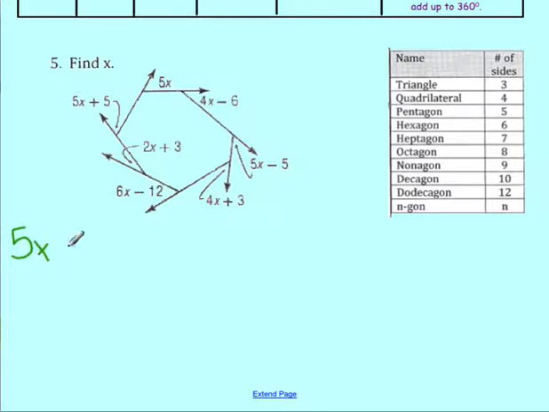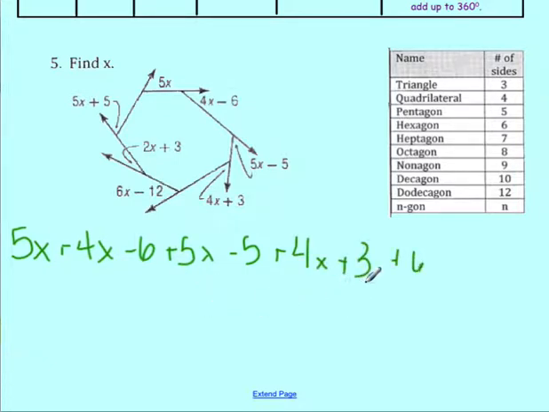We have 5x plus 4x minus 6 plus 5x minus 5 plus 4x plus 3 plus 6x minus 12 plus, I'm going to go on the next line, 2x plus 3 plus 5x plus 5. All of that has to be equal to 360. Wow, that's overwhelming.